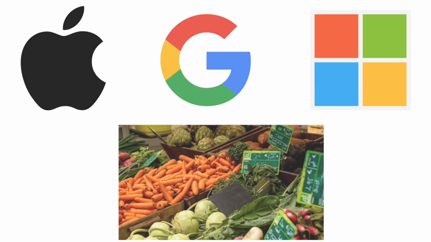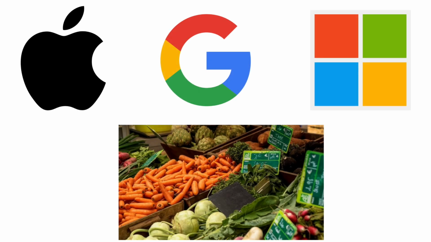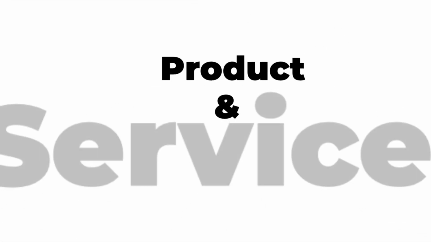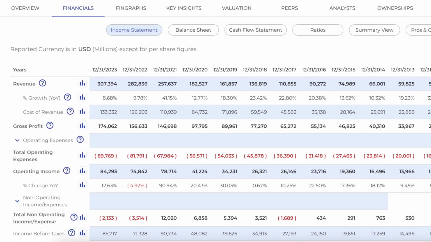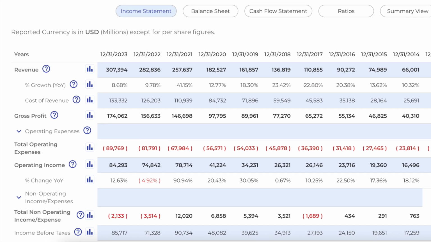Revenue in the financial world works the same way. Companies like Apple, Google, and Microsoft, or even your local grocery store, all generate revenue by selling products or services. This revenue is the money that shows up at the very top of a company's income statement, and hence it is also called the top line. At times, it is also called sales or turnover.